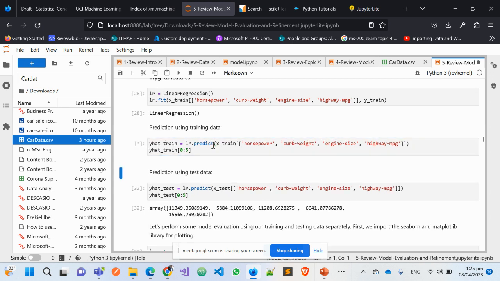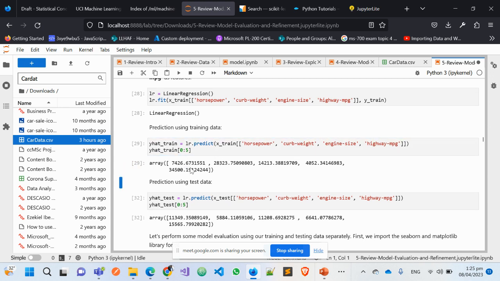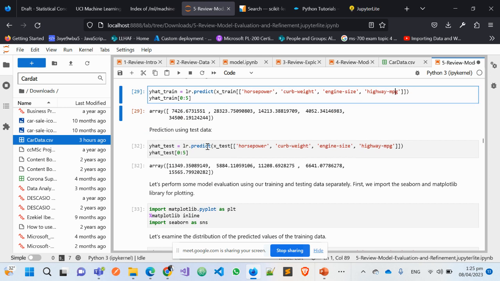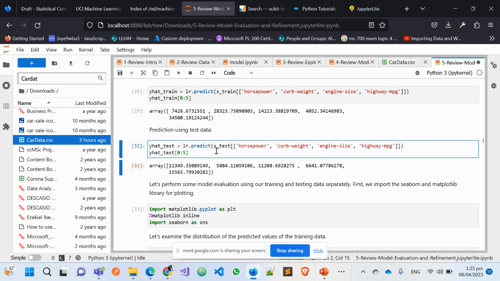By prediction, when we trained, we got outcomes like 7,000, 28,000, 14,000, 4,000. So there's variability in the prediction with the four variables of interest used when we are training. Now let's use our test data.